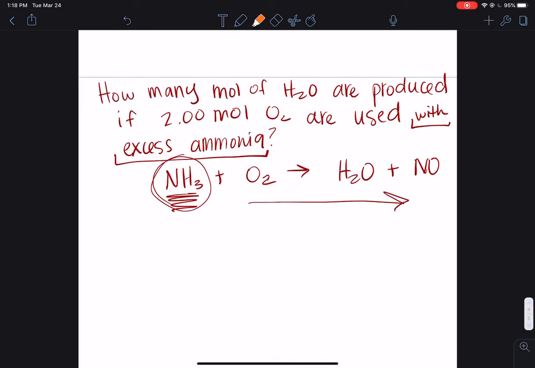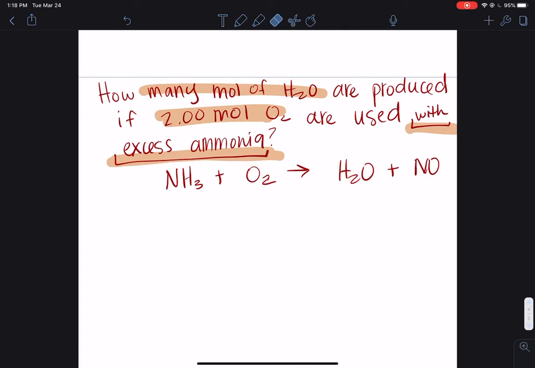The numbers that I'm looking for only apply to the oxygen and the water, but the ammonia has to be there in order for the reaction to take place. The "with excess ammonia" will make more sense when we start talking about limiting reactant. But right now, you just need to know that the ammonia is there and it's not limiting any of our problem. Let me erase some stuff just so that we can be more clear.